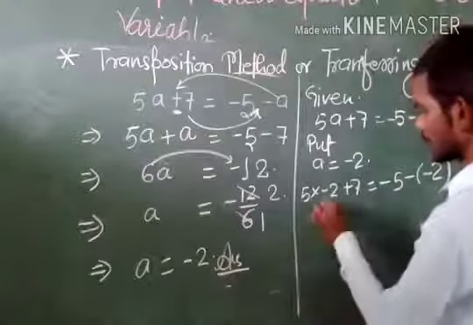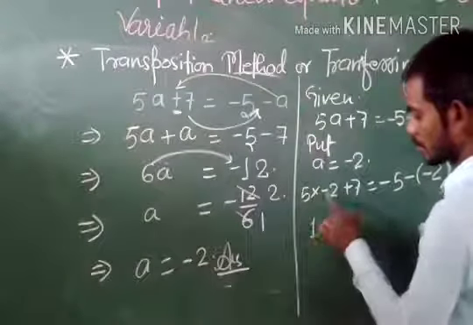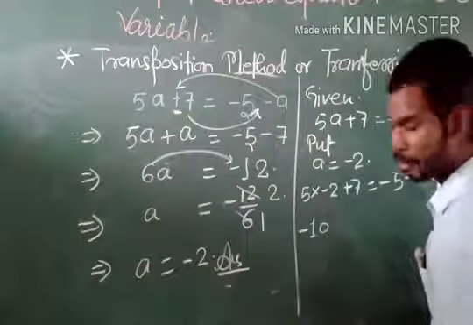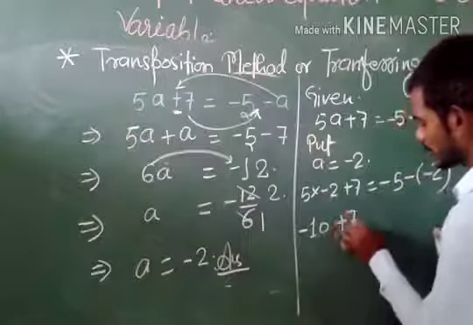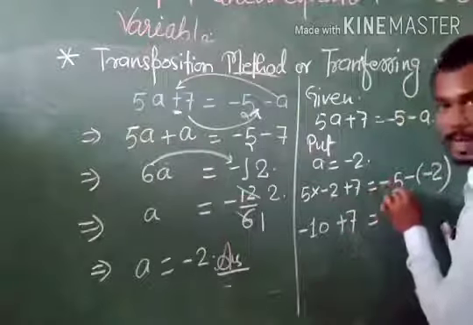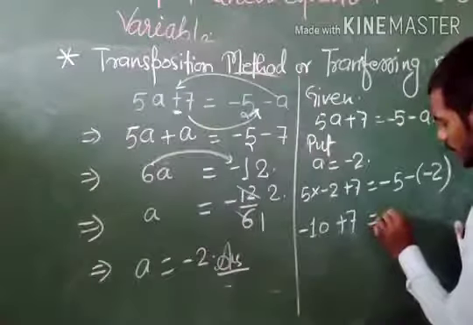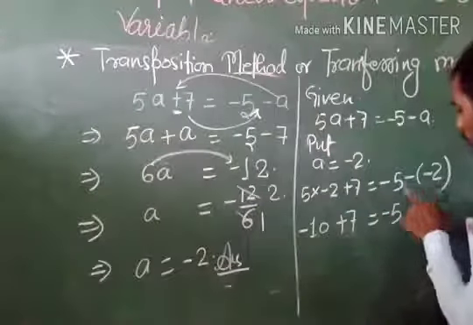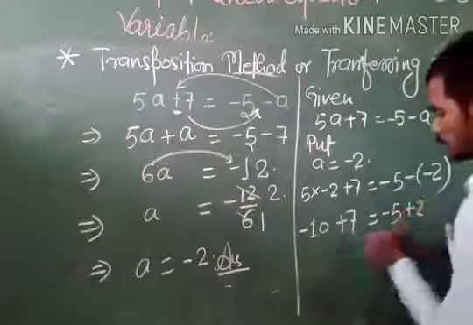Now solve this. 5 times 2 is 10. Minus multiplied by plus is equal to minus. So this is minus 10 plus 7 is equal to minus 5 will remain as it is, minus 5. Minus multiplied by minus is equal to plus 2.